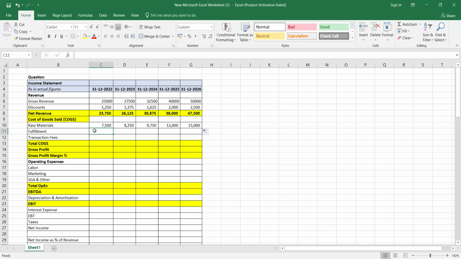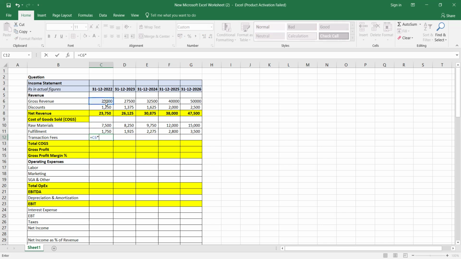Okay. Next comes your fulfillment. Fulfillment, again we have to calculate on gross revenue. What is the percentage of fulfillment? So is equal to, select this gross revenue into 7%, enter. Now you can drag this also. Same thing with transaction fee. 2% on gross revenue.